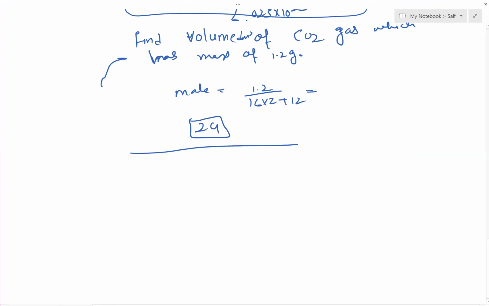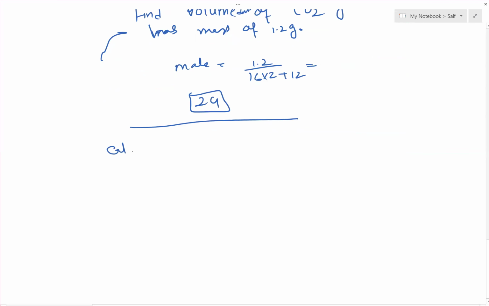Now, if one more question is there: calculate moles of H2SO4, sulfuric acid, in 0.0 centimeter cube of a 0.1 mole per decimeter cube solution.